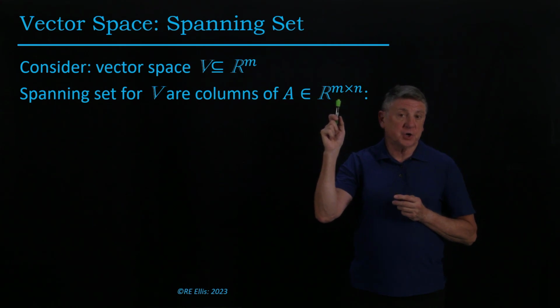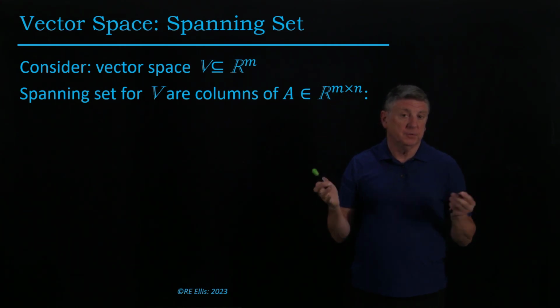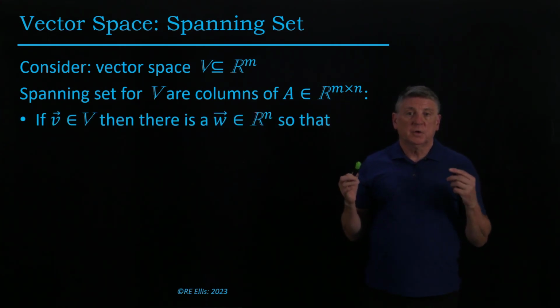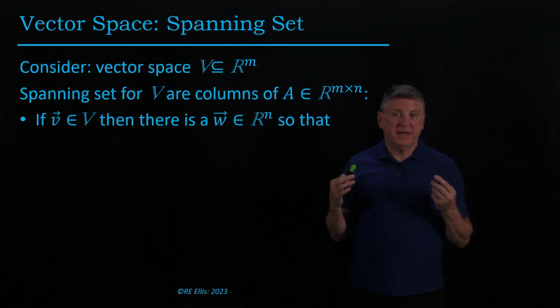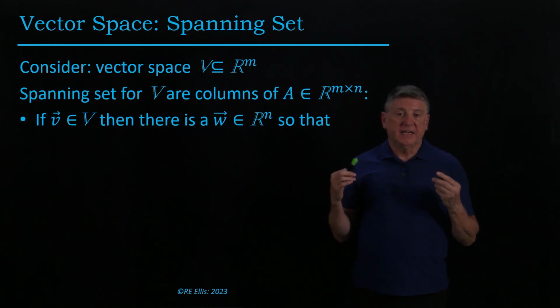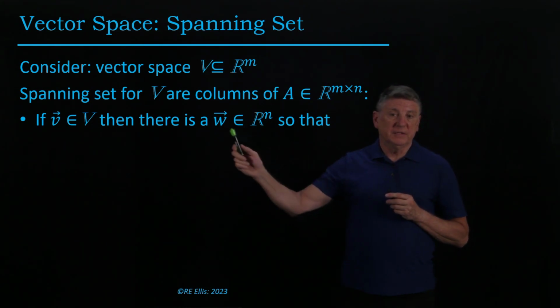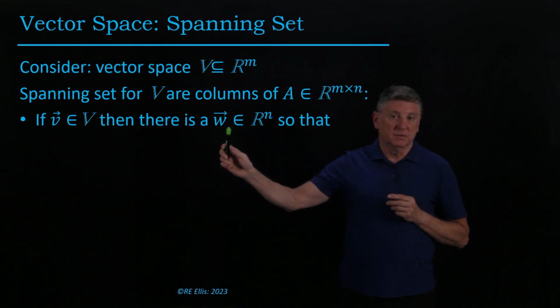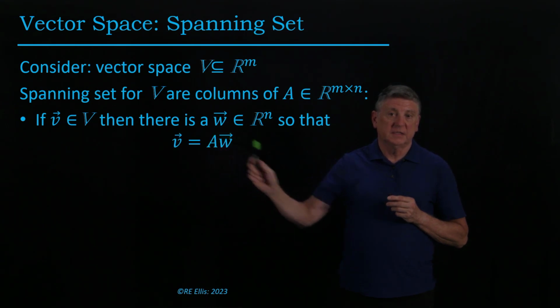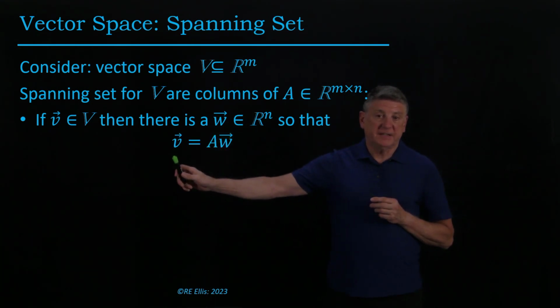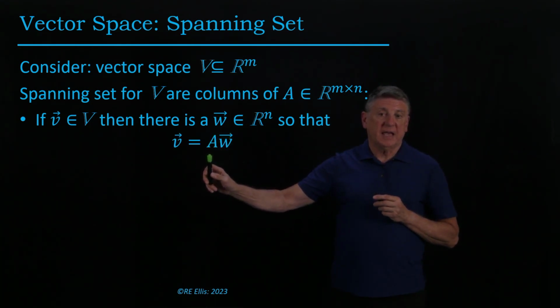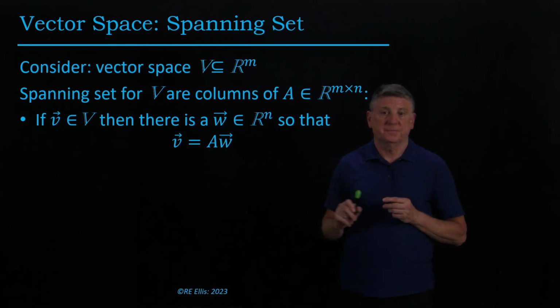And each column of A can be viewed as a vector. So what we mean by a spanning set is that if a vector is in the set, then there exists a set of weights such that the vector is a weighted sum of the columns of the matrix.